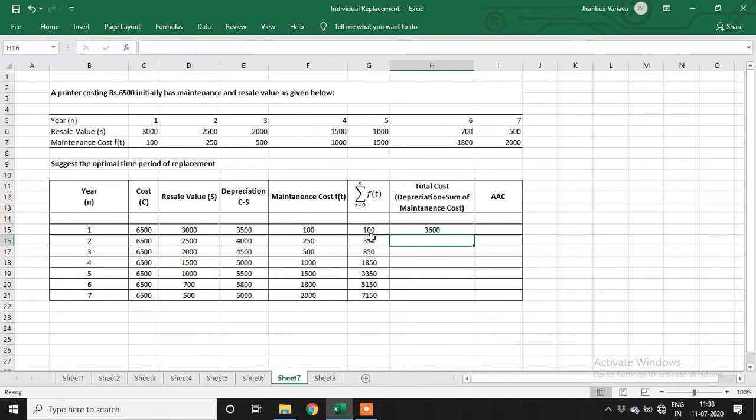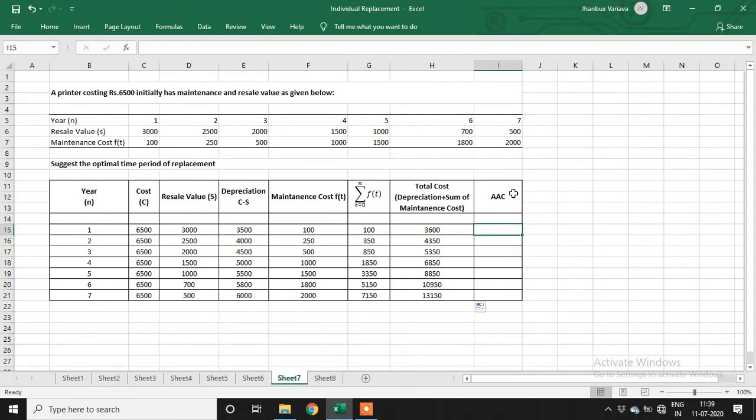For this, 4000 plus 350, right, so it will give us 4350. Then 4500 plus 850, so it will give us 5350. Then 5000 plus 1850, so it will give us 6850. So on and on, you have to do it for every year. So this is the total cost.